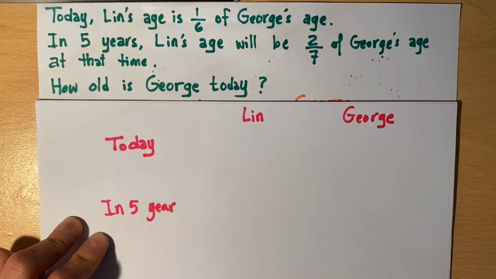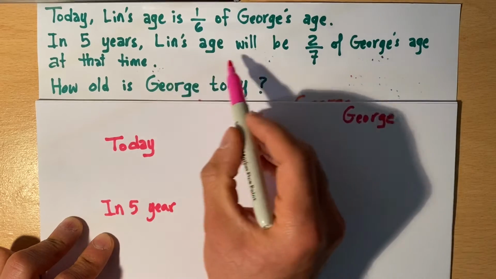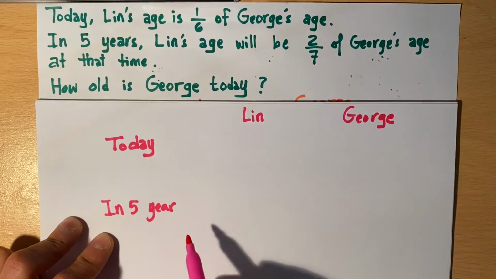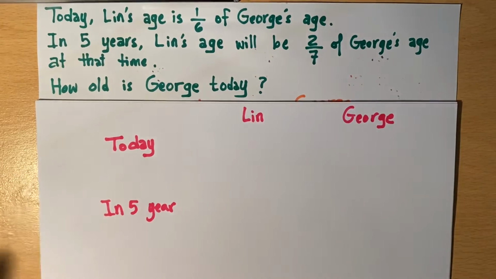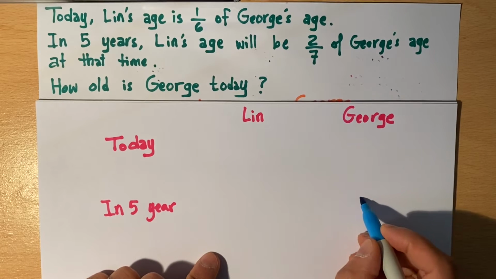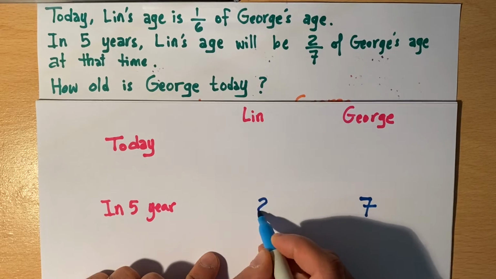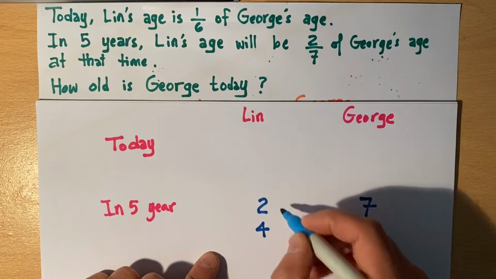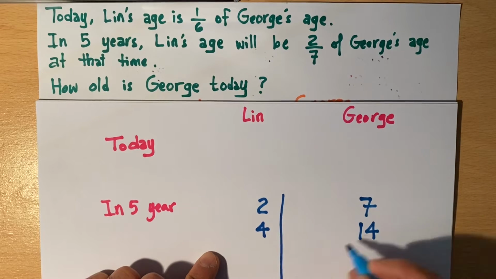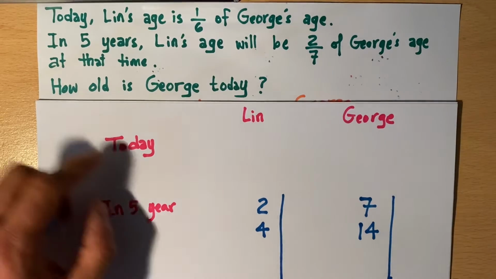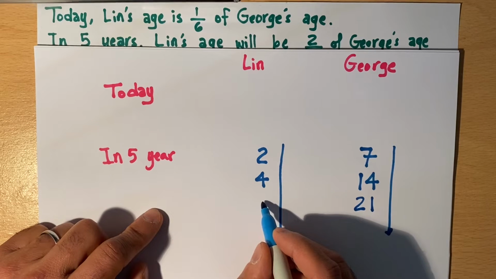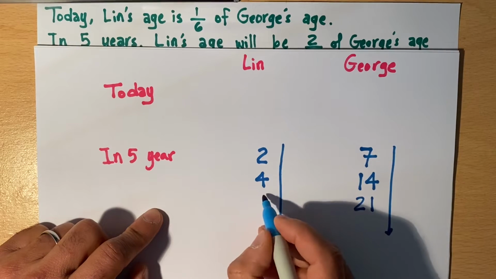And we know that the statement says in 5 years, Lynn's age will be 2/7 of George's age. So we know that there are certain ratios that the answers have to be in 5 years. It could be, for example, 7-2. It could be 14-4. See, like here we're going by 2s, here we're going by 7s, right? It could be 21 to 6.